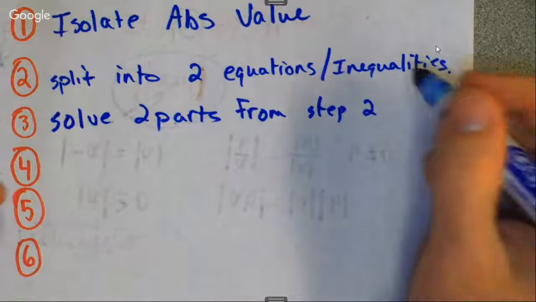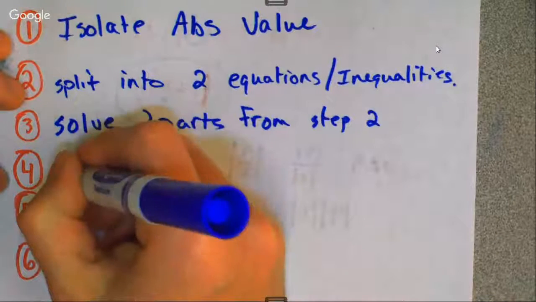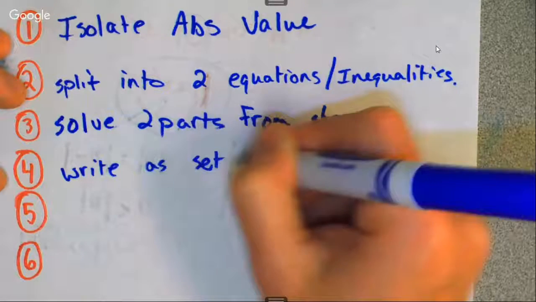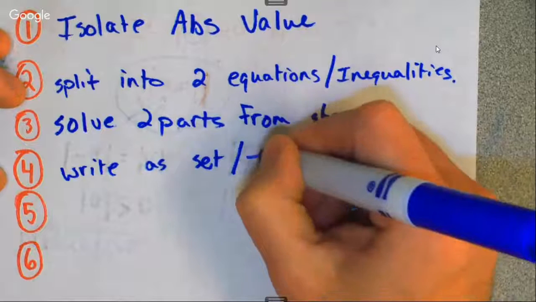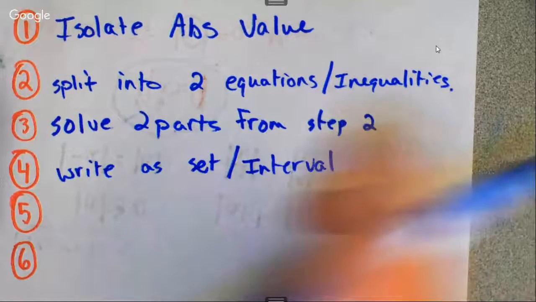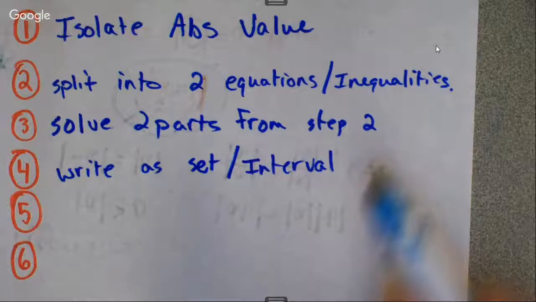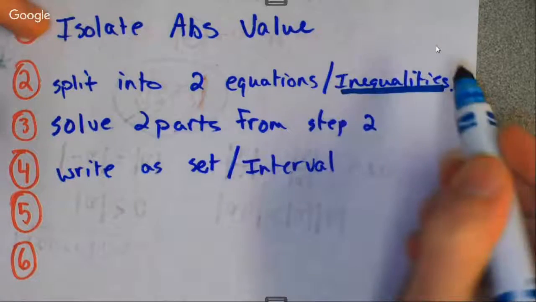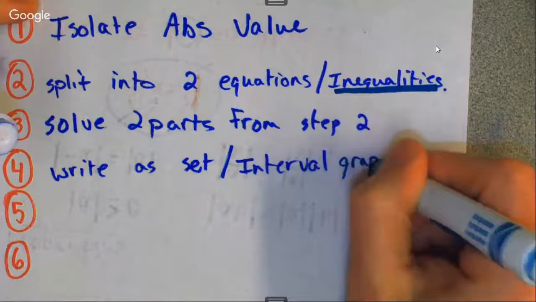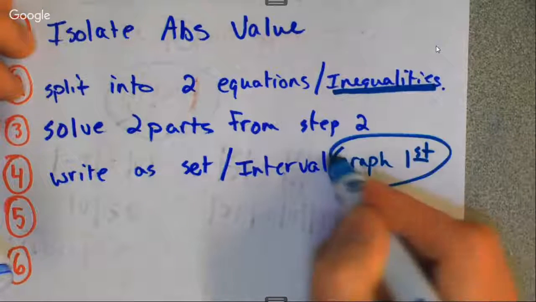If you're dealing with an equation, you're done there, and we'll write it as a set or interval. Now, if you have inequalities, here you may have to graph first, and then write your interval.